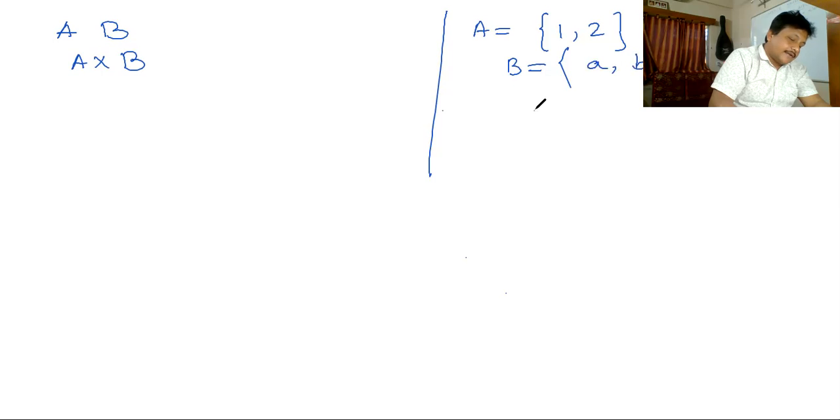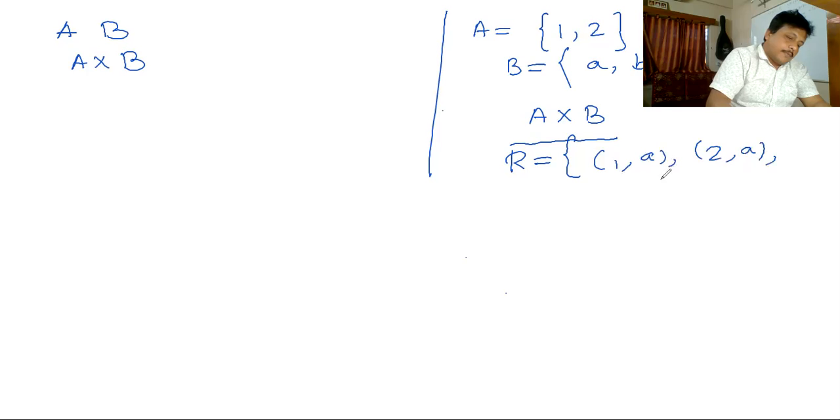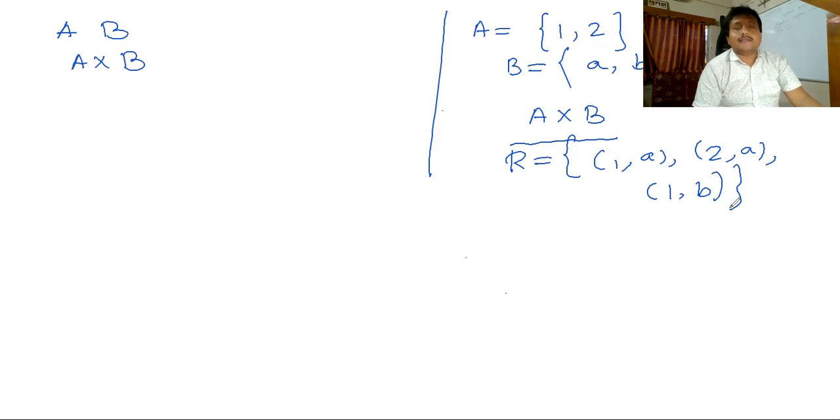Then A cross B is the Cartesian product of A and B. Any subset of A cross B can be R. So R equal to, suppose, {(1, a), (2, a), (1, b)}. Then R is a subset of A cross B. Therefore, R is a relation on A cross B.